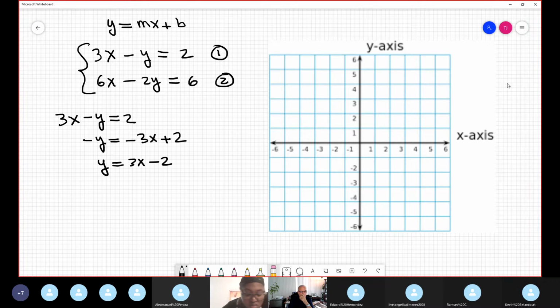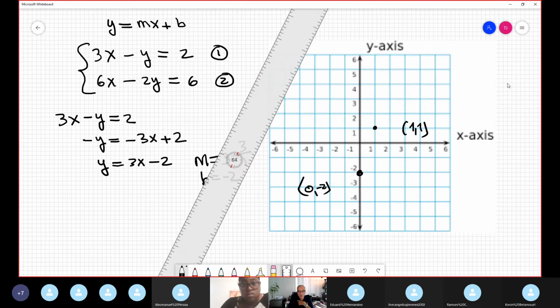I discover that the slope is 3 and b is -2. I plot this -2 here. Using rise and run, I know this is equivalent to 3 over 1. So rise 3 up, 1, 2, 3, and 1 right. I determine the second point, which is the point (1, 1). Using my ruler, I connect both points.